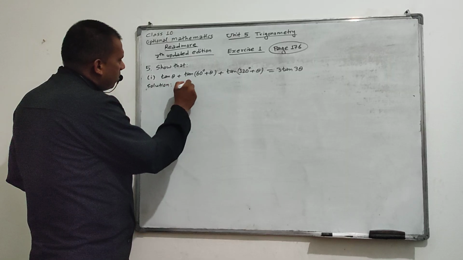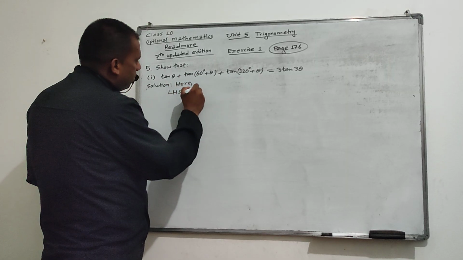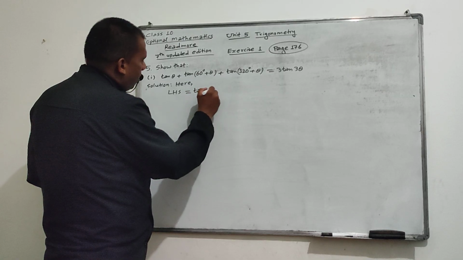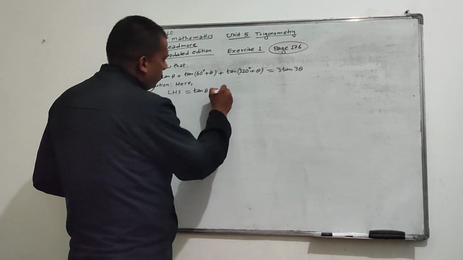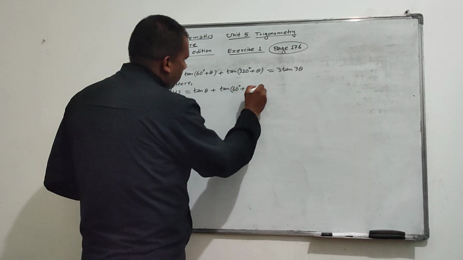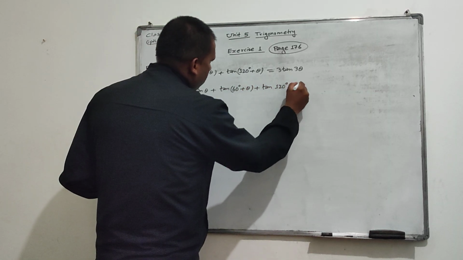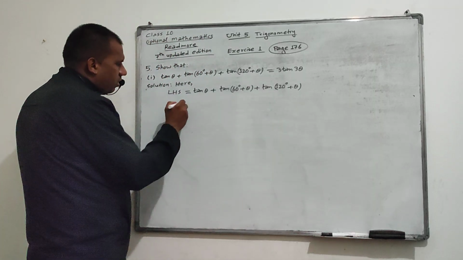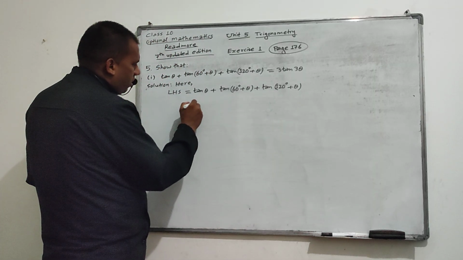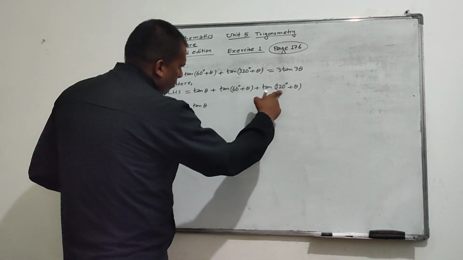Here LHS equal to tan theta plus tan (60 degree plus theta) plus tan (120 degree plus theta). Now here is the tan (A plus B) form, also tan (A plus B) form.